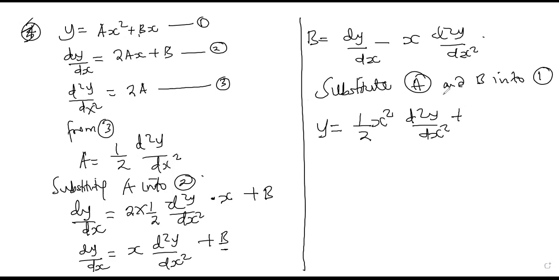It means I'll have x multiplied into the value of b, which is dy dx minus x d2y dx squared.